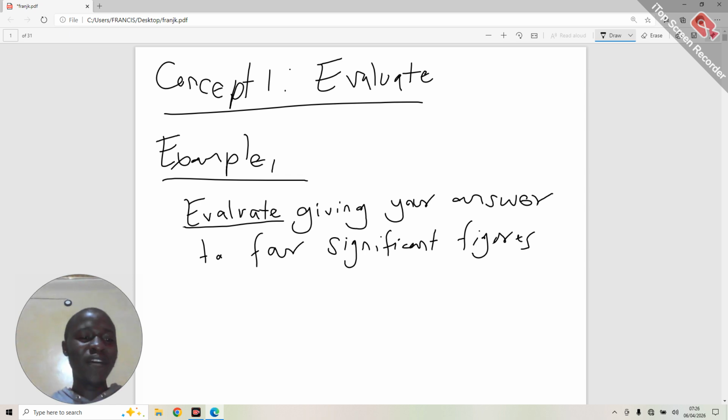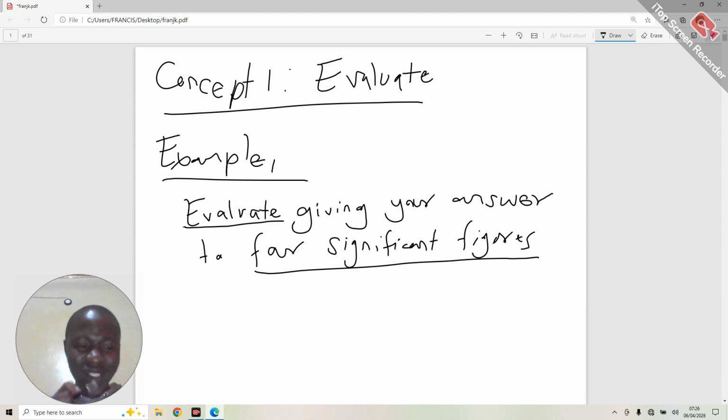So that is the first thing I would have underlined there. Now the second to follow on is 4 significant figures. That means I want to give my answer the way it appears in the calculator, and you shall see.